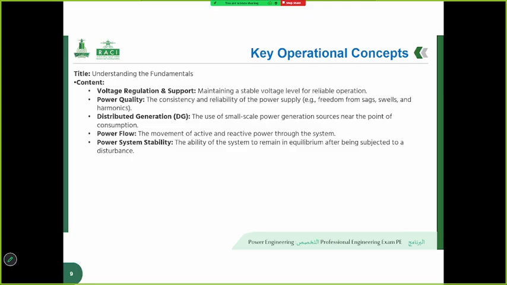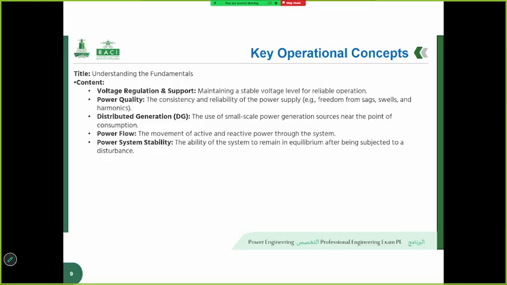Another concept is distributed generation, or DG, which involves the use of small scale power generation sources located near the point of consumption rather than a large centralized power plant. Examples include rooftop solar panels, wind turbines, and microturbines.